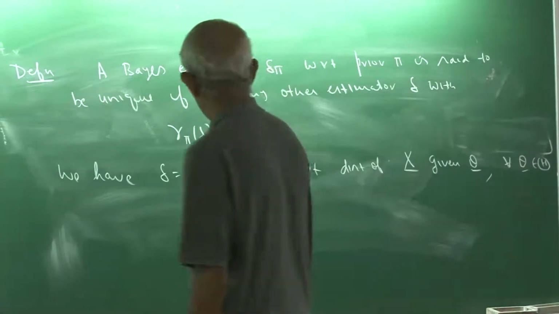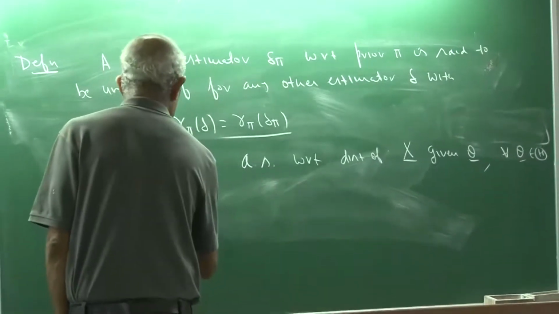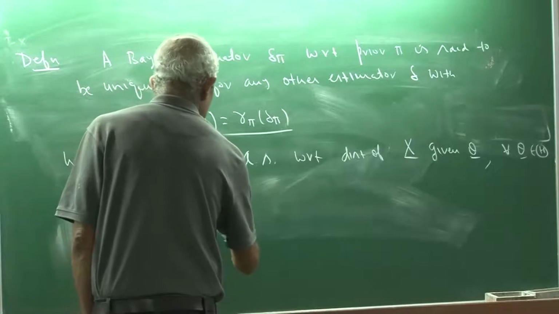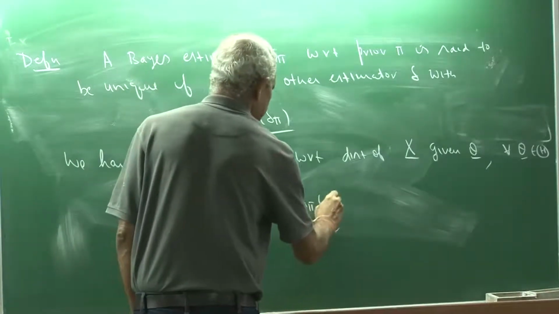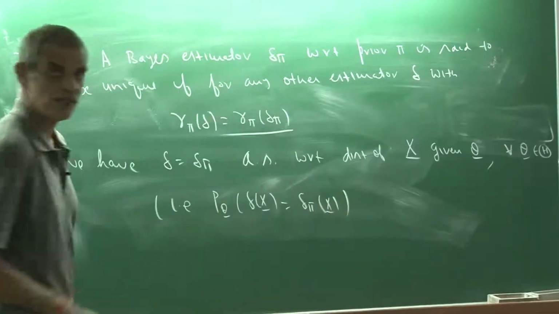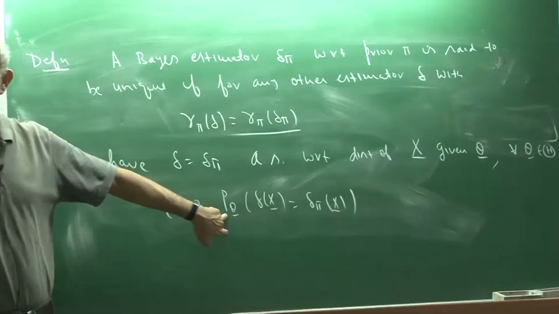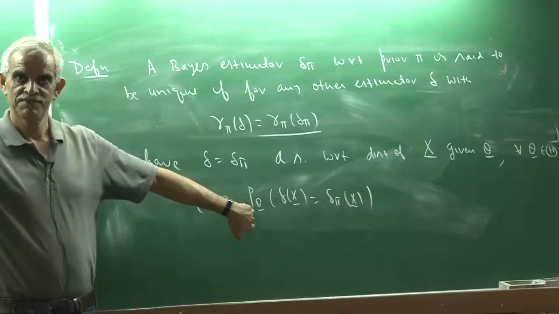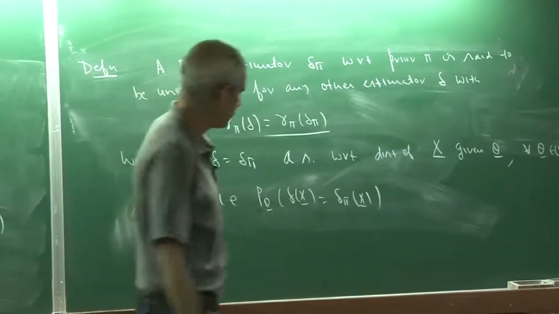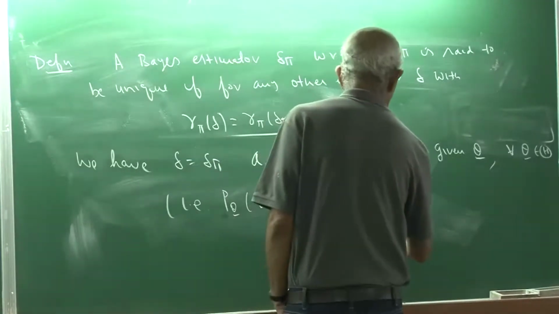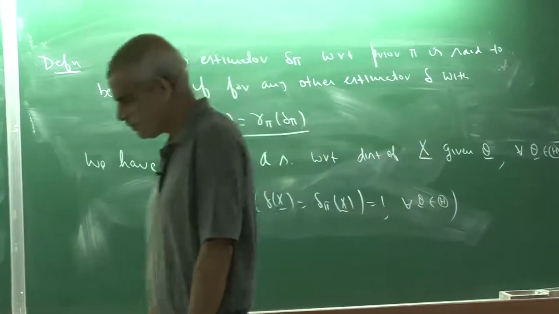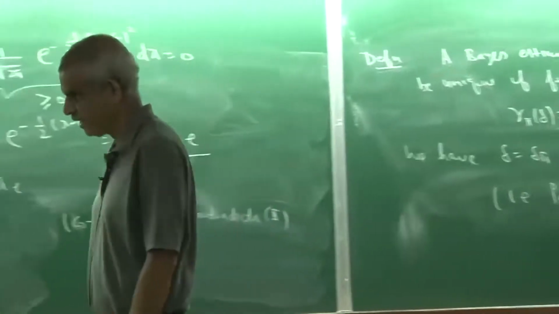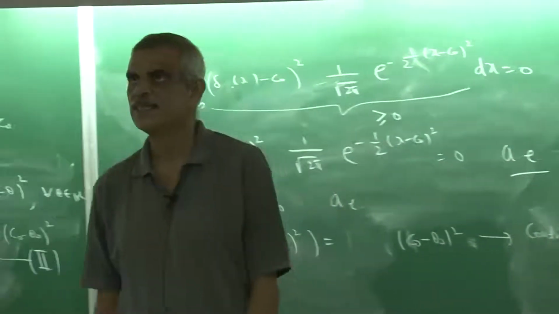So that means the probability that delta(x) is the same as delta pi(x), this is the frequentist probability, calculated under f theta, the distribution of x given theta, is the same as 1 for everything. So I say such an estimator is a unique Bayes.